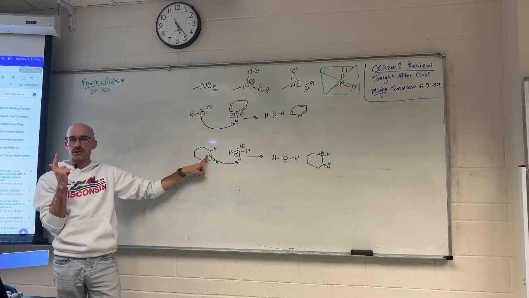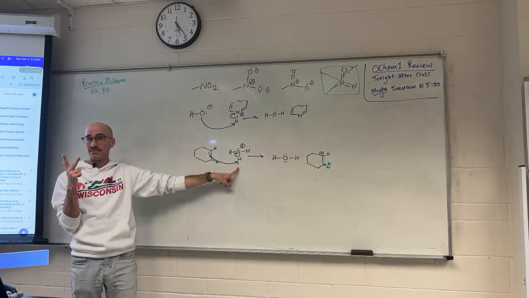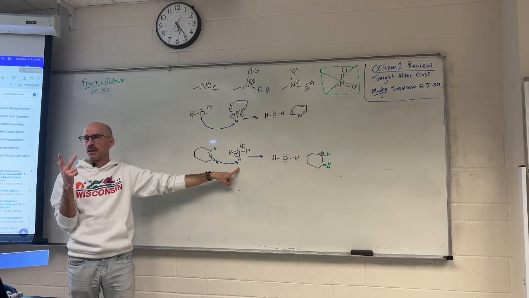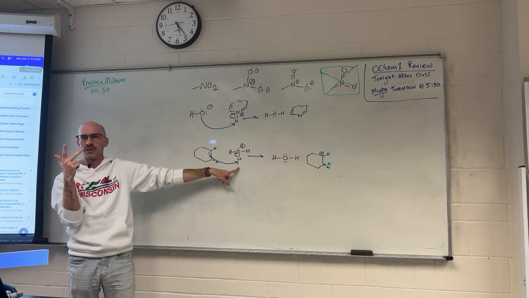When an arrow starts at a bond and ends at an atom that's not a part of that bond, bond breaking and bond forming at the same time. I think those are the 3 things that arrows will do. I say I think because I've only been doing this for a few years.